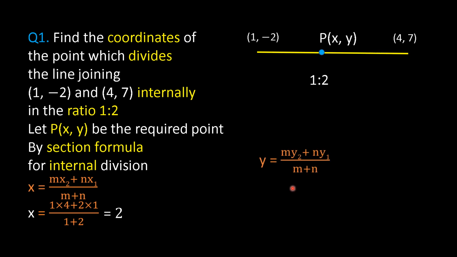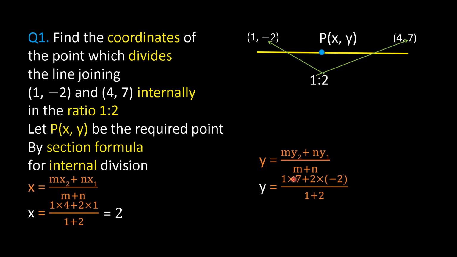Next, the y-coordinate will be (my2 + ny1) upon (m + n). By substituting the values, it will be (1 multiplied by 7 plus 2 multiplied by -2) divided by (1 + 2).